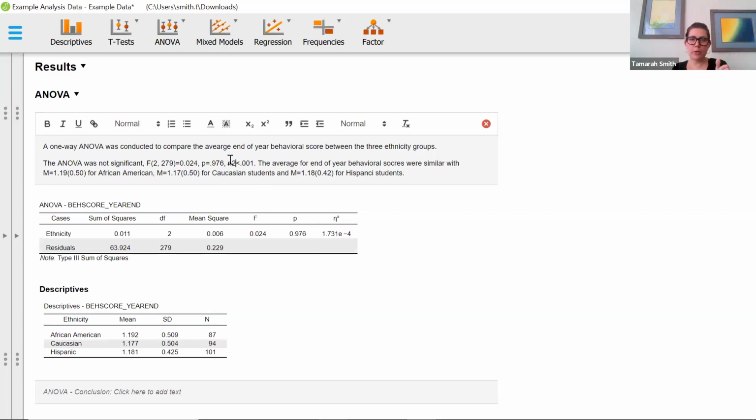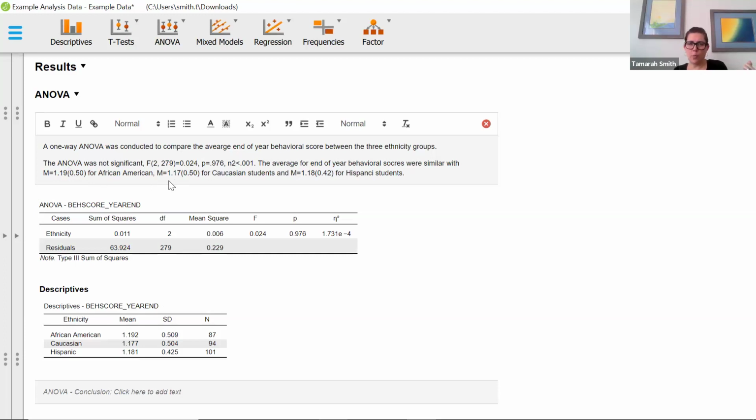So I gave them the googly glop to show them, yep, it's definitely not significant and there's a very small effect size. And then I have to tell them what that means in context. Well, what it means is that the end of the year behavioral score is really similar for the three groups. How similar? Well, this group had 1.19 as their average, and then I put the standard deviation right next to it in parentheses.